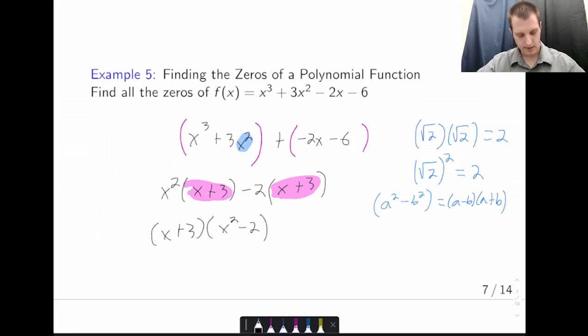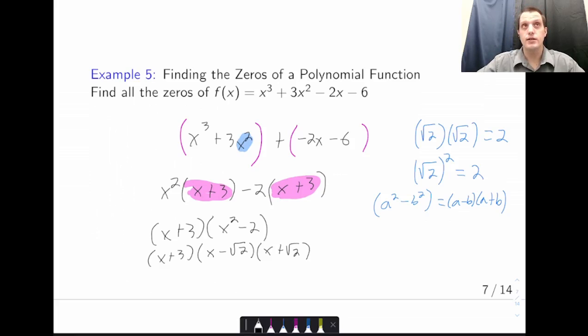So we can get our x plus 3. Our a is x, and our b is the square root of 2. So there is the whole thing factored.